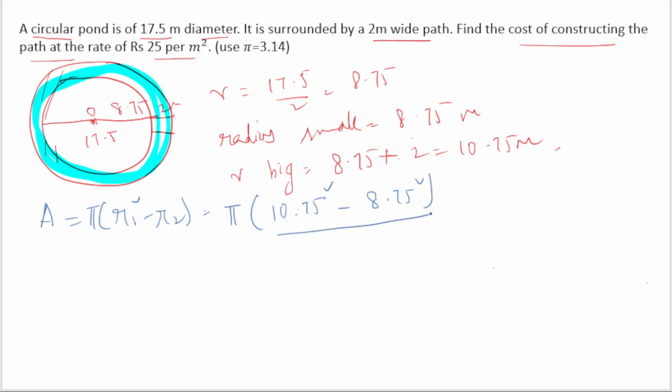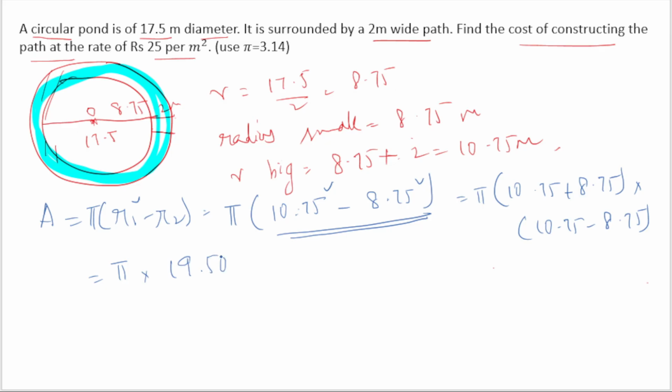This is in the form of a square minus b square. I'll write it in the form of a plus b into a minus b. It is 10.75 plus 8.75 into 10.75 minus 8.75. If we simplify, we'll get pi into 19.50 into 2. And this is the area between the two concentric circles.